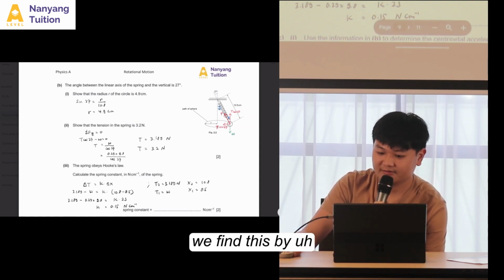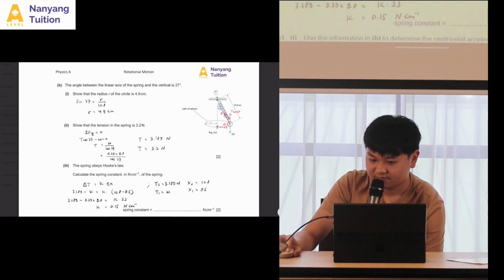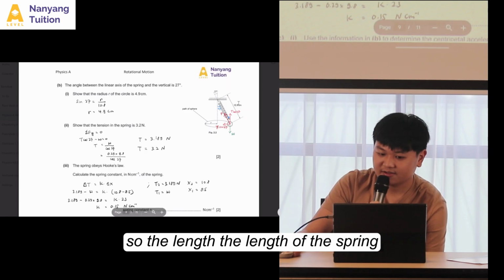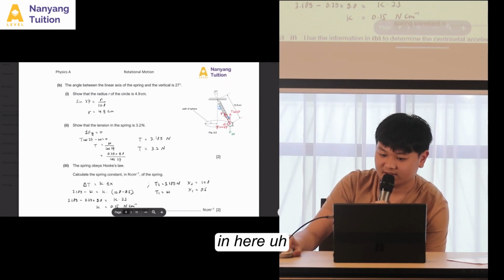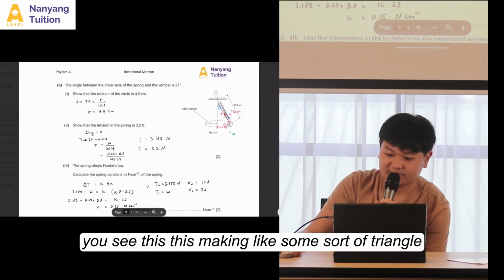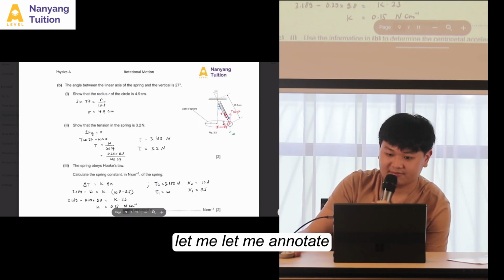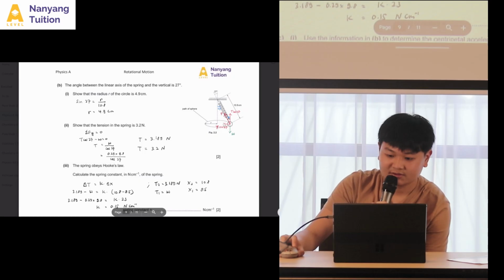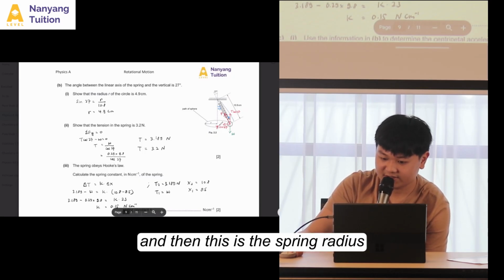We find this by the length of the spring, which is basically acting as the hypotenuse in here. You see this is making like some sort of triangle, and then we have the radius over here. Hang on, let me annotate. So this is the spring, right? This is the spring length, and then this is the spring radius.